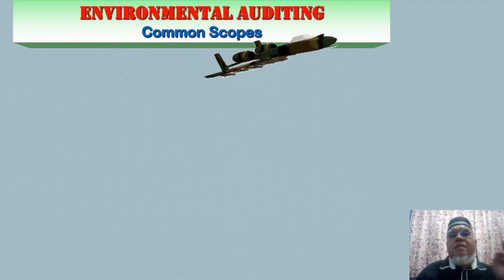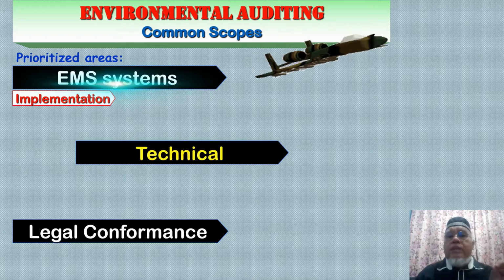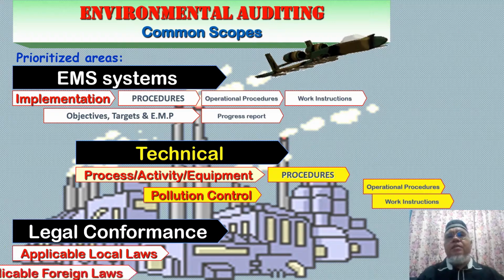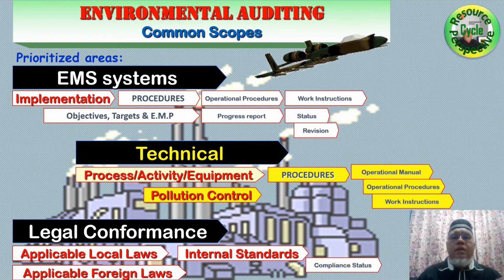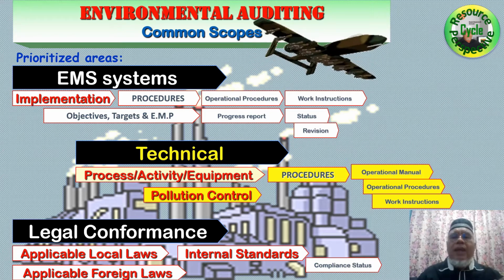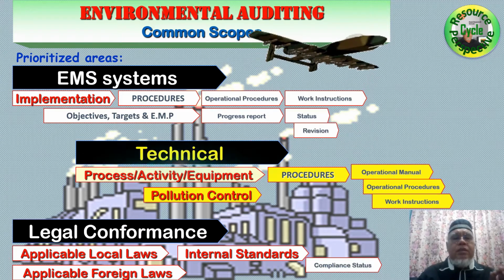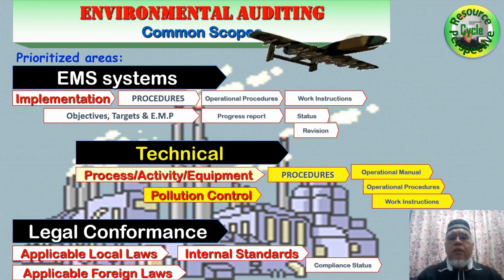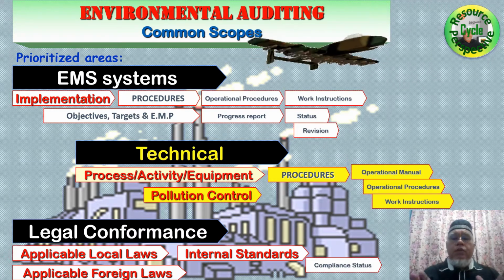I considered to summarize the scopes of environmental audit into 3. 1. Auditing the EMS systems, like those which are conducted related to the EMS certifications, such as ISO 14001, BS 7750, EMAS, etc. The second one is the technical audit, usually involving verifications of pollution control equipments and those activities or processes which generate or release those pollutants.